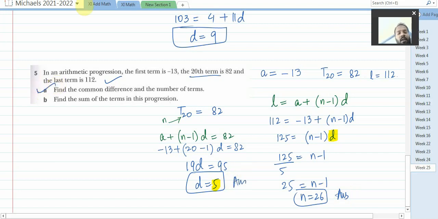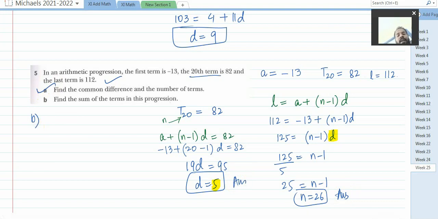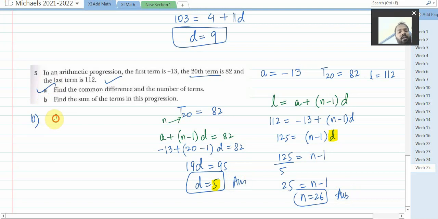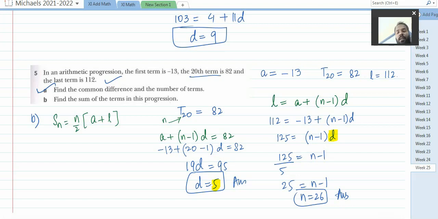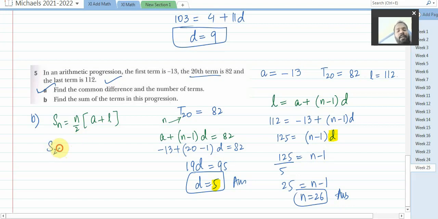For part B, it says find the sum of the terms in this progression. So we know that the working formula to find the sum of n terms is n upon 2 times (a plus l), because we have the value of the last term. Alright. So Sn means we are looking for how many terms? 26 terms, equals 26 divided by 2.